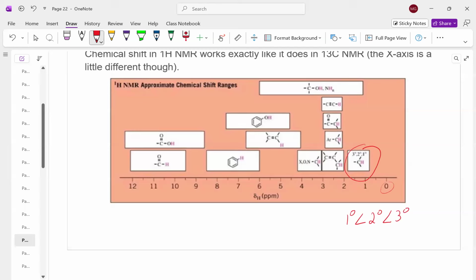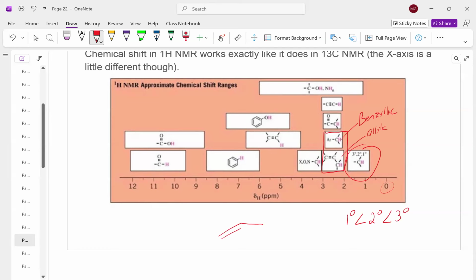All right, then next we kind of get into, well, hydrogens next to more stuff. So I'll focus here on these two. Okay, so those are allylic and benzylic hydrogens. Remember those terms? We've talked about those.